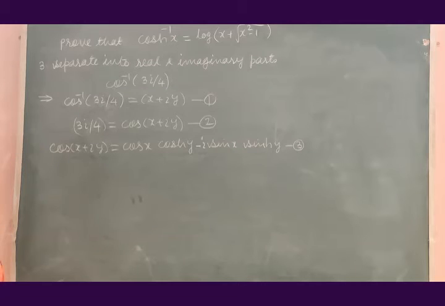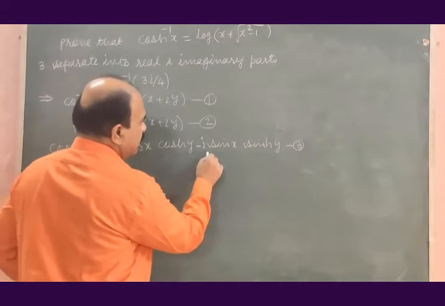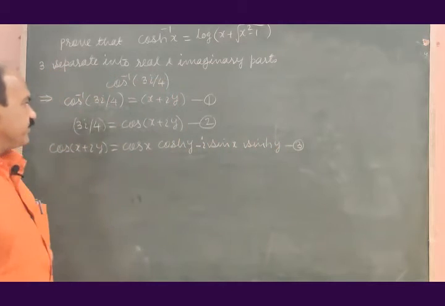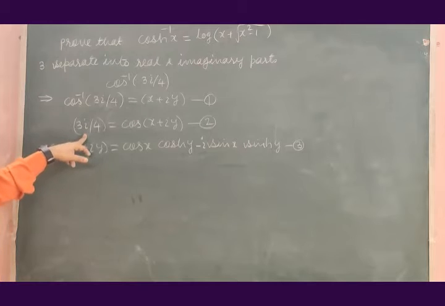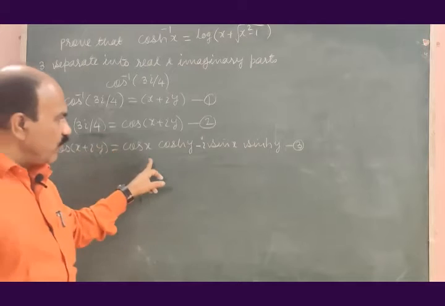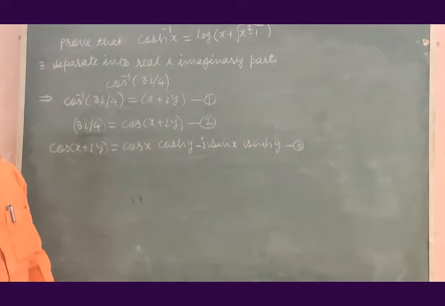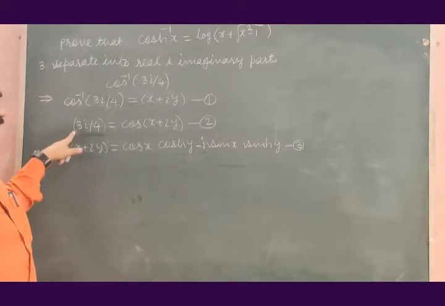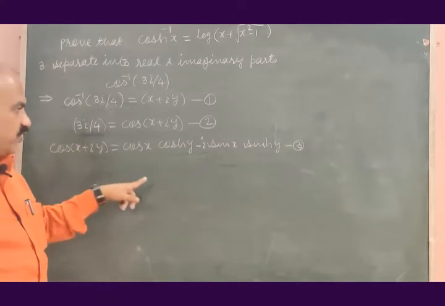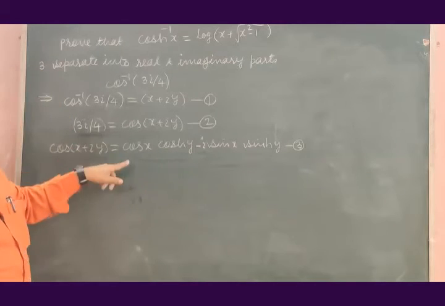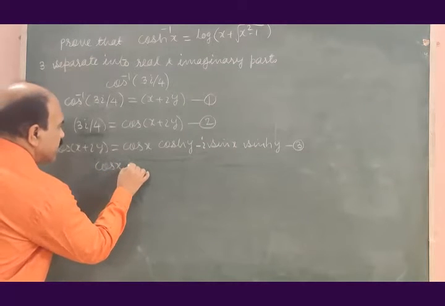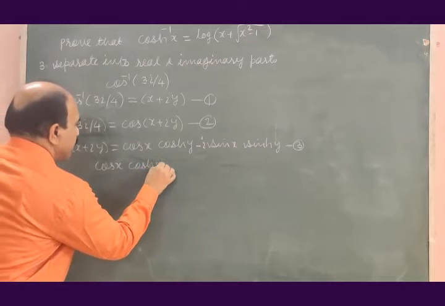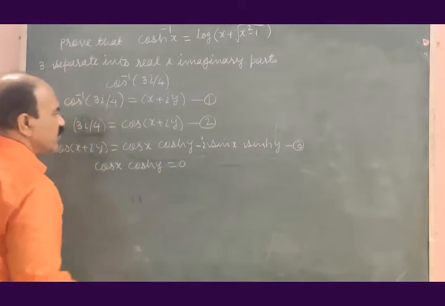Now this is the real part, this is the imaginary part. This is equal to 3i divided by 4. Let us compare 3i divided by 4 with equation 3. What is the real part here? The real part is 0. What is the real part here? This is the real part. It means that cos x into cos hyperbolic y is equal to 0.